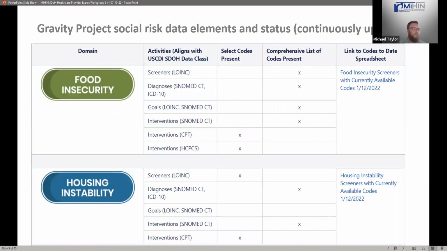And on the Gravity Project, which is what we're aligning with largely, within each domain, they're codifying the tools, the questions the tools are asking, and the answers. But they're also identifying the needs, and the diagnoses that can be made as a result of those things, or common diagnoses that would map from those types of questions.